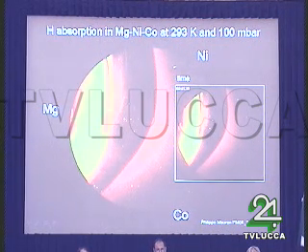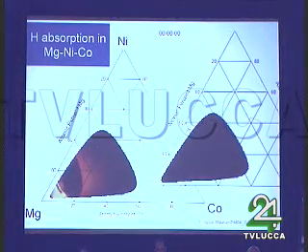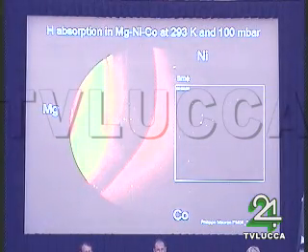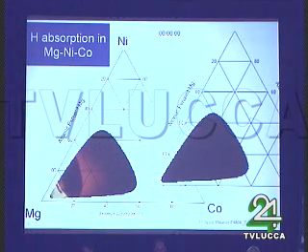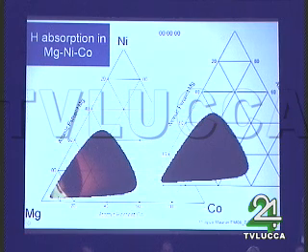Now, Philippe Moreau, who is working in our group, but who came from Fribourg, has designed an algorithm to translate the picture you have seen before, which is this picture here, into a ternary composition picture. So you have magnesium here, you have nickel, and you have cobalt, and the photograph you have seen before, translated now in a compositional picture, corresponds to this here.